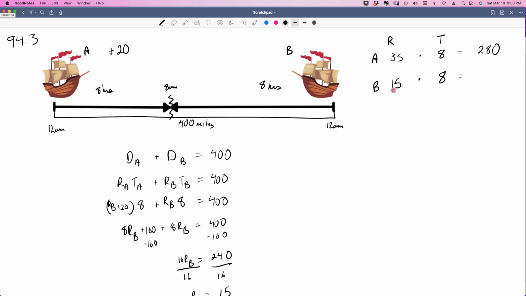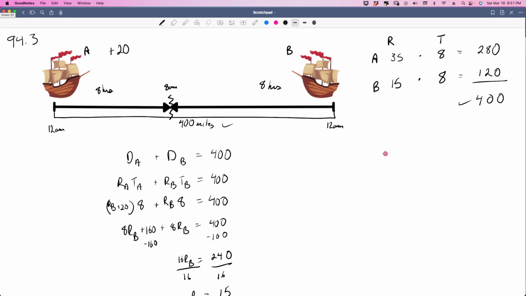And 8 times 15 is 120: 8 times 10 is 80, 8 times 5 is 40, 80 plus 40 is 120. So if I add those together, I should get 400. And I do.